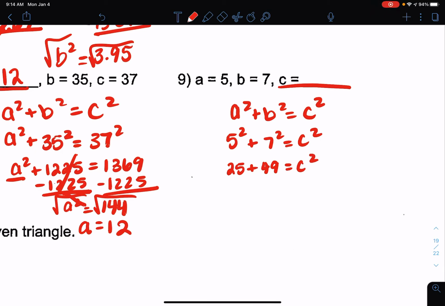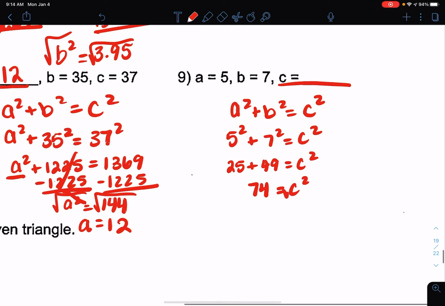I add those two numbers, which is going to equal 74. And my very last step is to square root on both sides, so I can get rid of that squared on the c. So I have c by itself, and remember we're rounding to the nearest hundredths, so my final answer is 2.93.